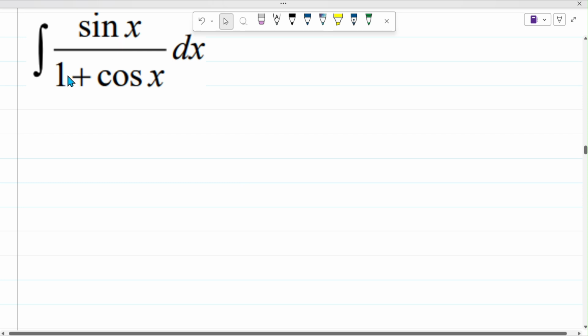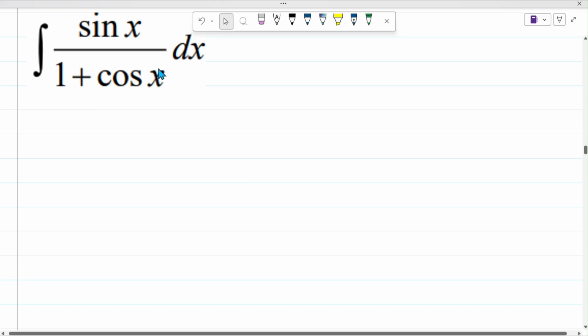Yes, because when we differentiate 1 plus cos of x, we get 0 minus sine x. So we do have sine x. The only thing left is cooking sine x into what we want it to be.